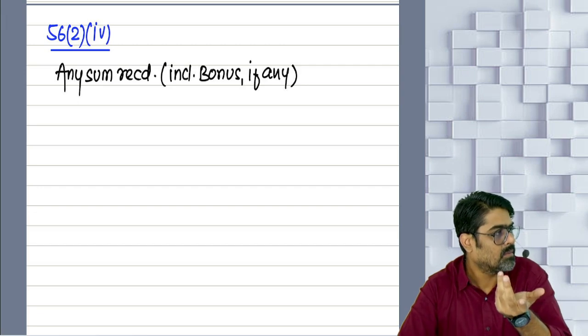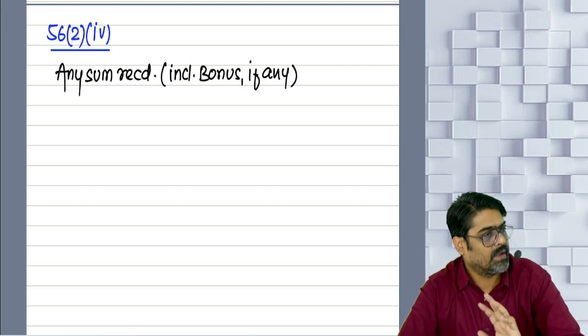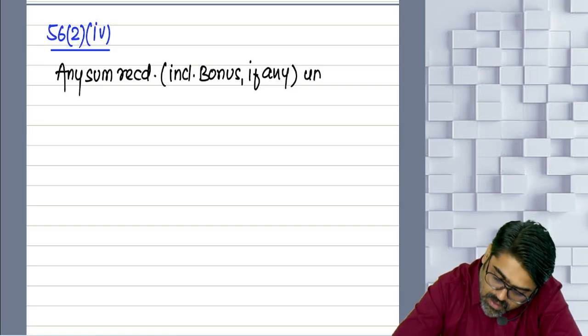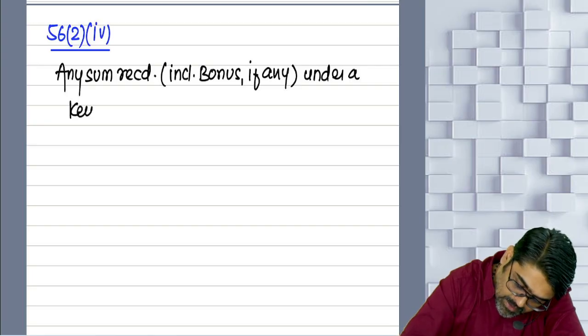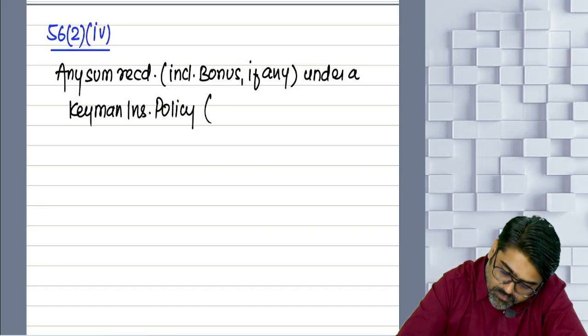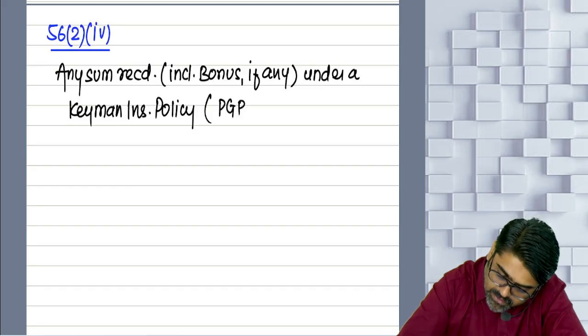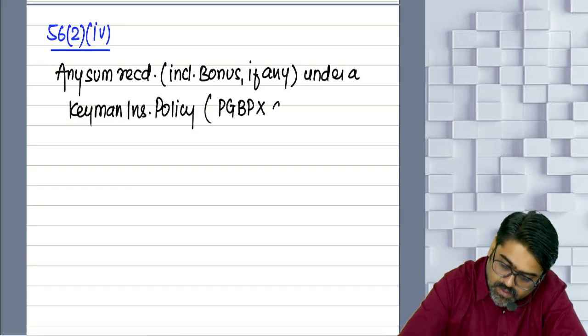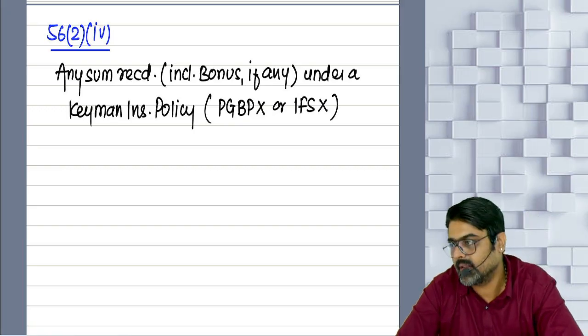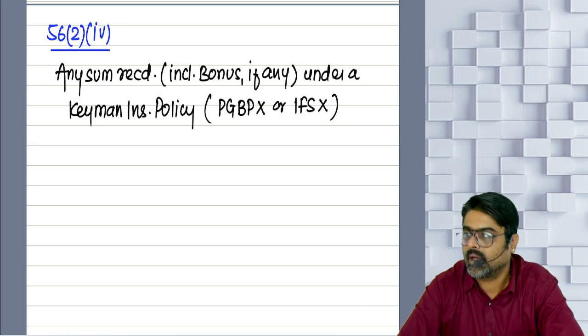Yes or no? But including bonus, if any, if the total sum is there, that sum is received under a keyman insurance policy. Which policy? So if that sum is not taxable under the head PGBP or under the head income from salary, then that sum will be taxable under the head IFOS.